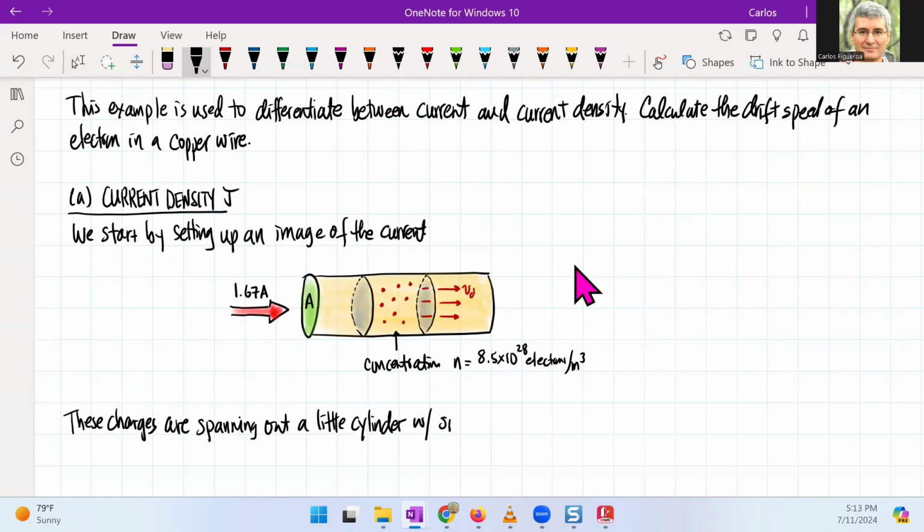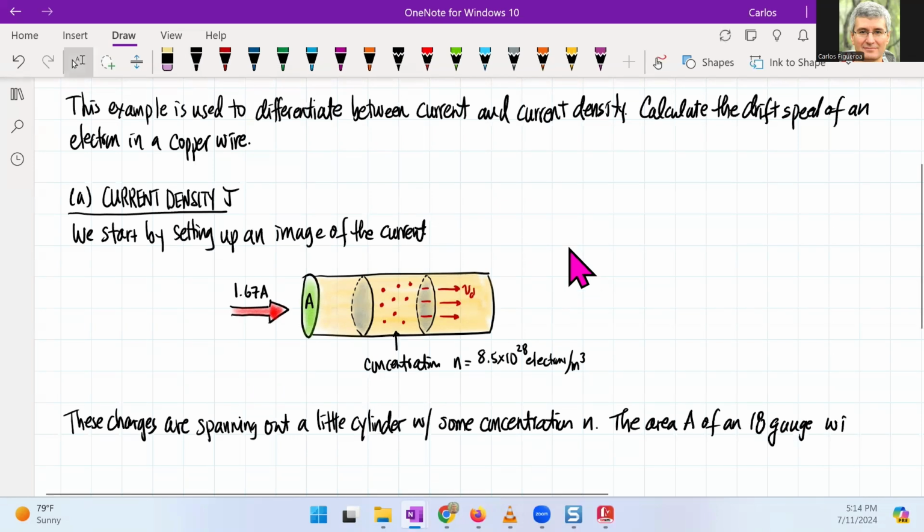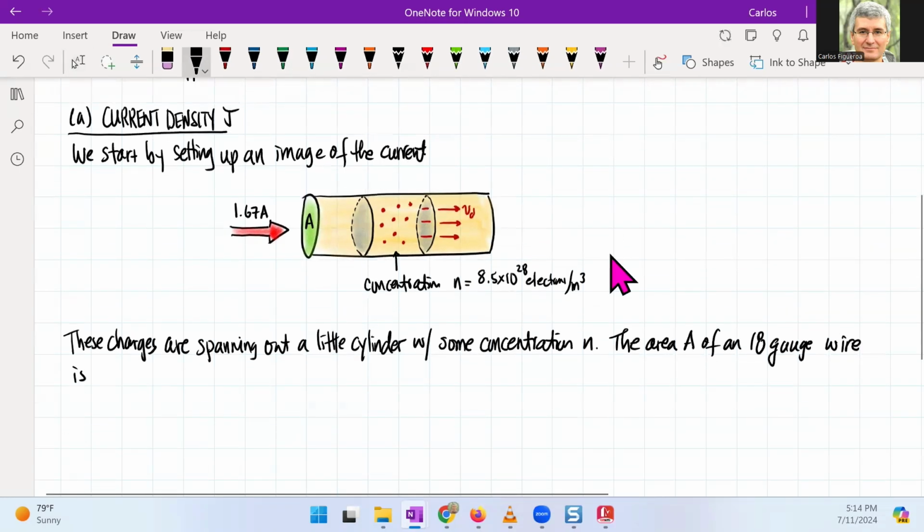And they tell us that the area A of an 18 gauge wire is, so it's got to be A of 18 gauge wire.